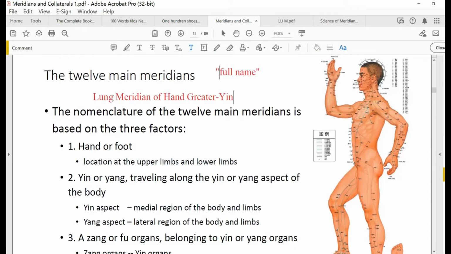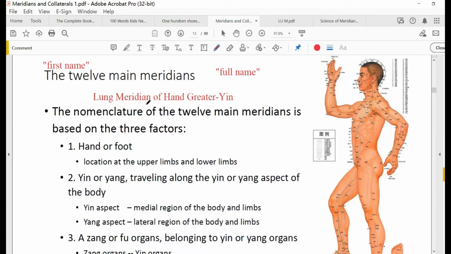Yeah, we'll always say just lung meridian, right? If you just say lung meridian, that's the short name. And actually, that's the full name of the lung meridian.